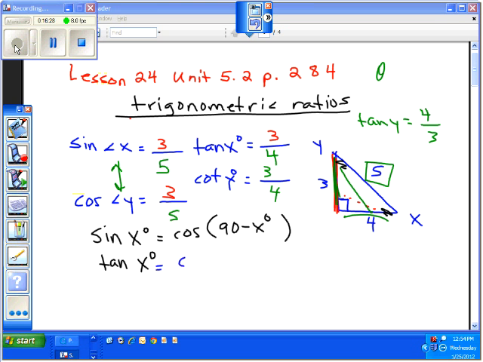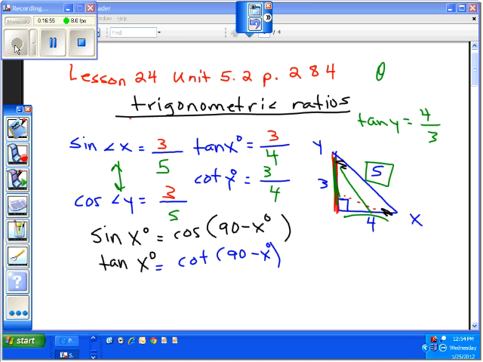So tangent x is equal to cotangent of 90 minus x. The sine and cosine of complements are equal. The tangent and cotangent of complements are equal. Okay? And we could do that with secant and cosecant, and it would still come out the same.